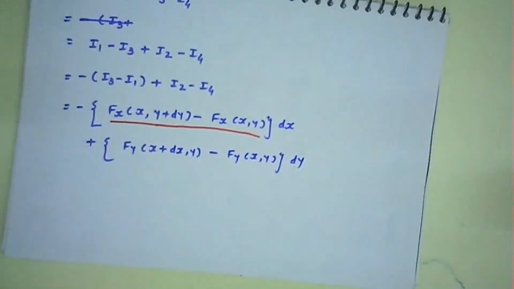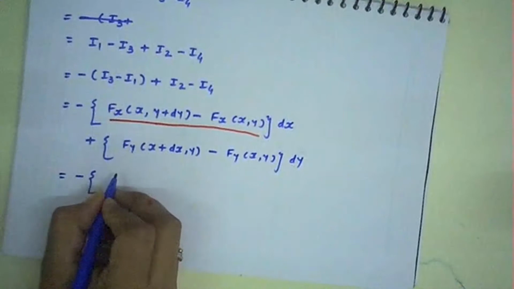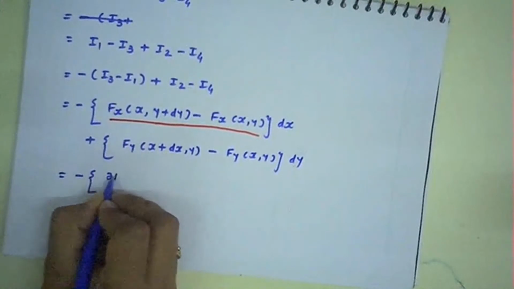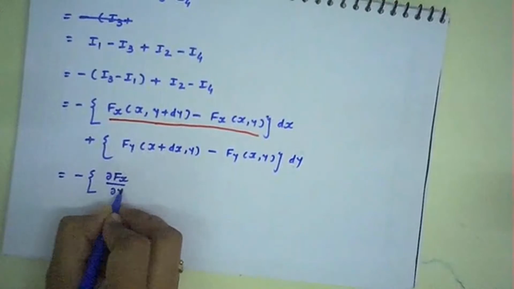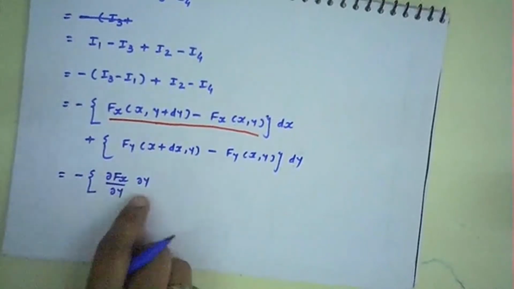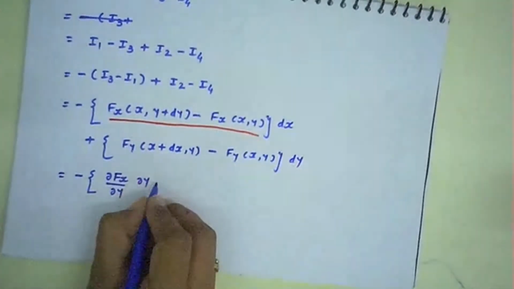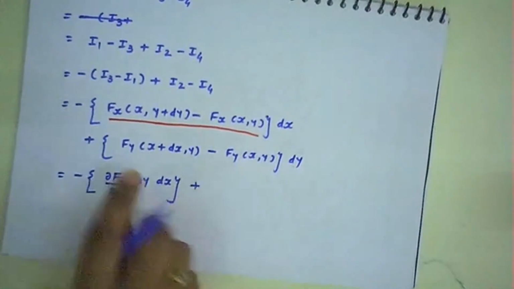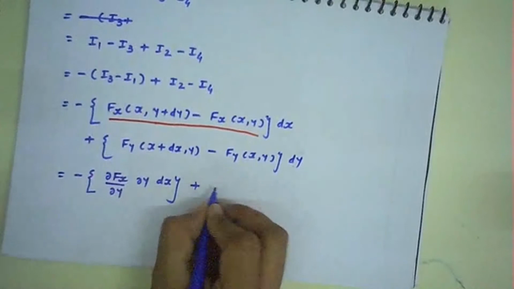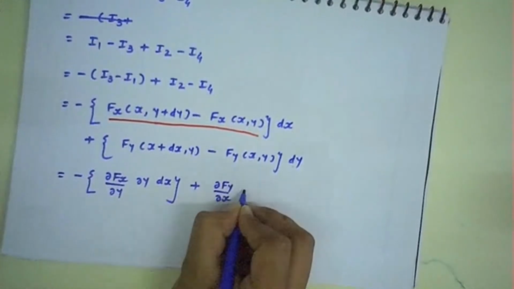Now whatever the expansion, we will use the rate of change, so minus is already there. We have the rate of change of the x component with y. That distance is dy. Plus, in the second and fourth, we have the change of the y component with x.